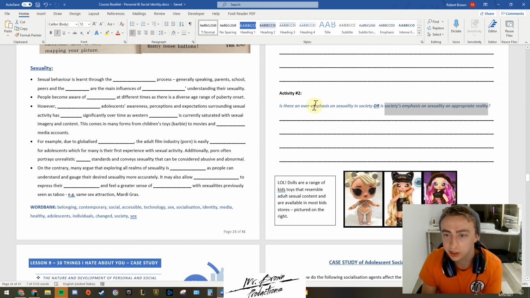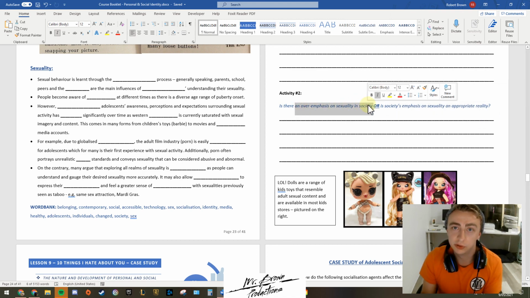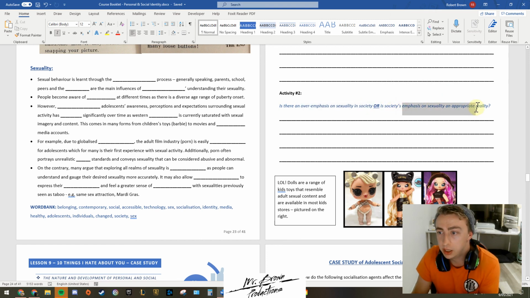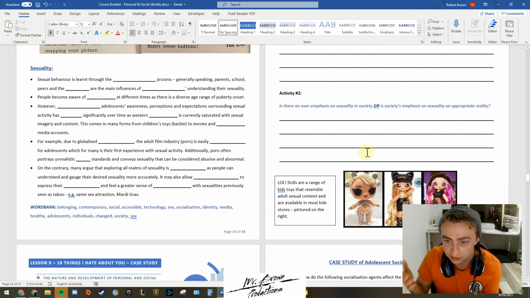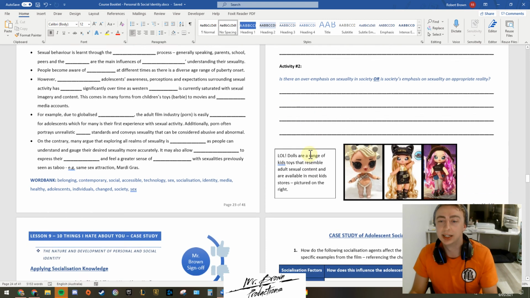So essentially here you're saying, do you think the sexual messages are too much, or do you think that they're measured and okay? Write your reasoning why. Again, there's no right or wrong answer. It's your opinion, but let me know there. Remember to fill all the lines.